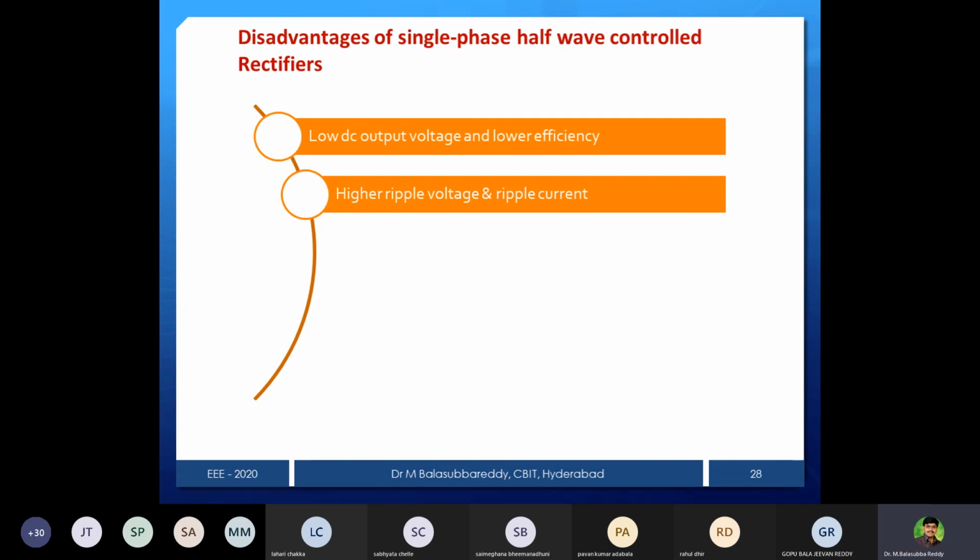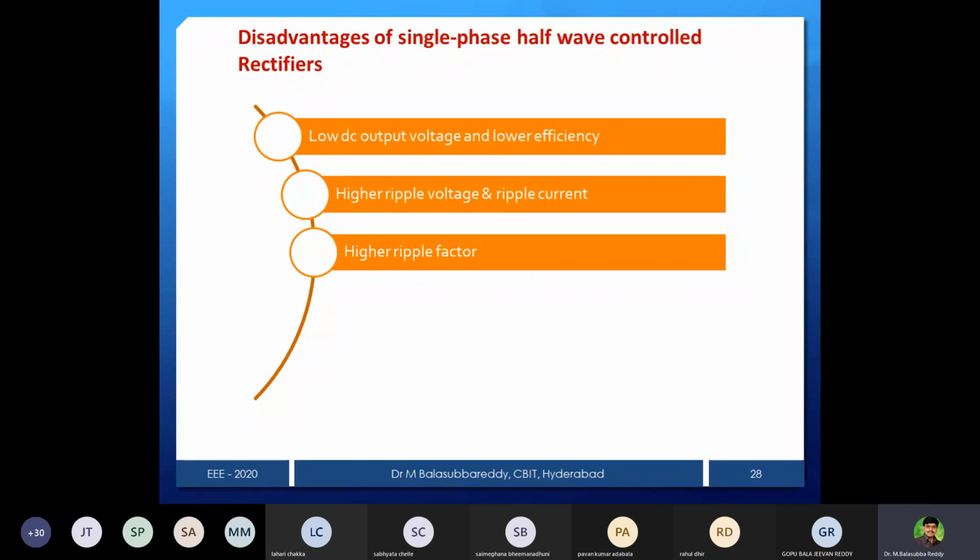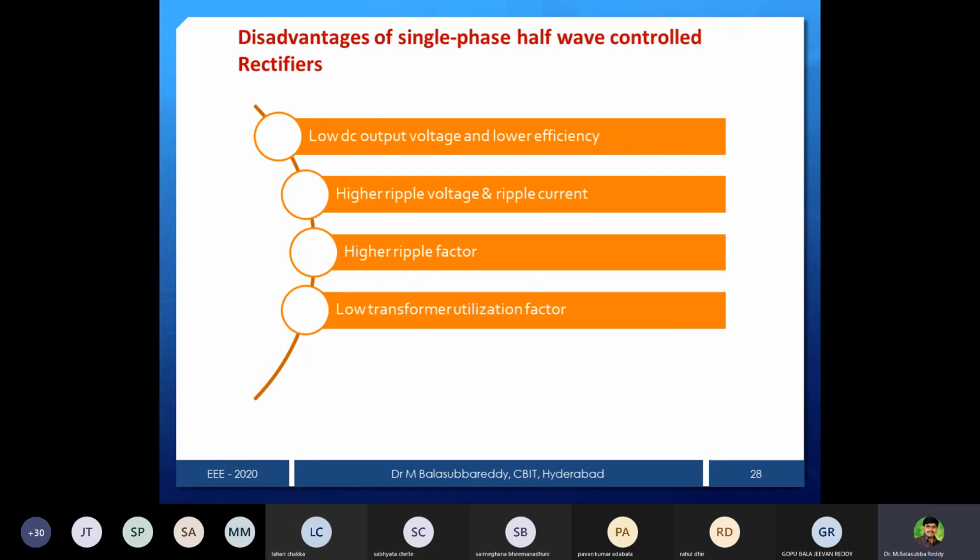Another one is high ripple voltage and ripple current, because it is not a straight line in nature, so ripple will be more. And then higher ripple factor. We already derived the form factor and ripple factor expressions. Form factor is VRMS by VDC, and ripple factor is the root of form factor square minus 1. So that factor will be high.